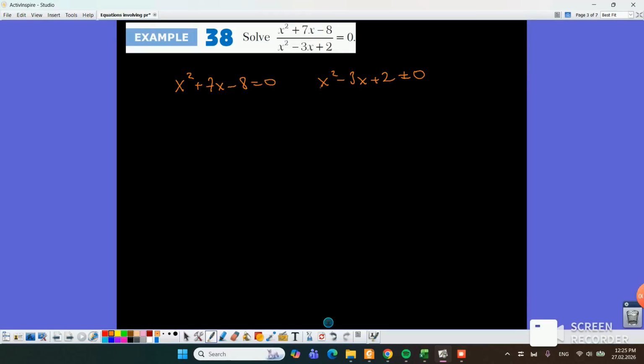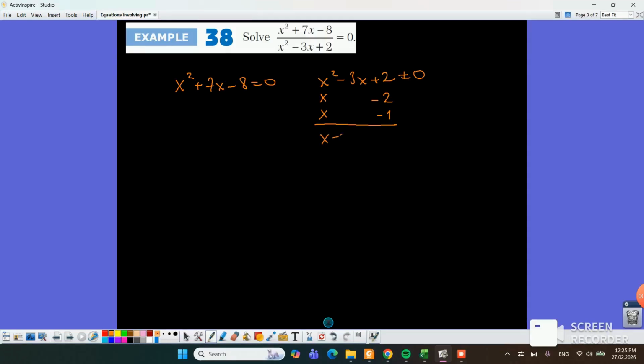So in this case, what we need to do, here first I will find which values of x will make the denominator 0. Then I will factorize this one, x, x, I can factorize 2, 1. This one is minus 3, this one is plus 2. So I will put both of them minus. When I multiply, I will get plus 2. When you cross multiply, you will get minus 3x as the middle term.